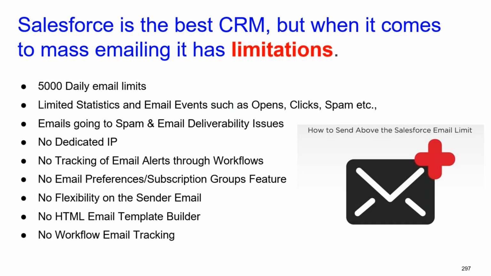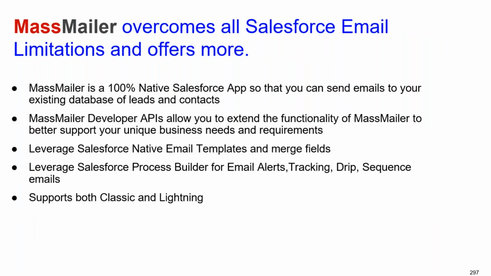And then Salesforce does not support an HTML email template builder. We do support that as part of MassMailer, and it does not have really workflow tracking capabilities, which we do support. So some of the major things. There's a number more, but I think we can get into the specifics of that maybe in the demo or something. And then kind of finally here.